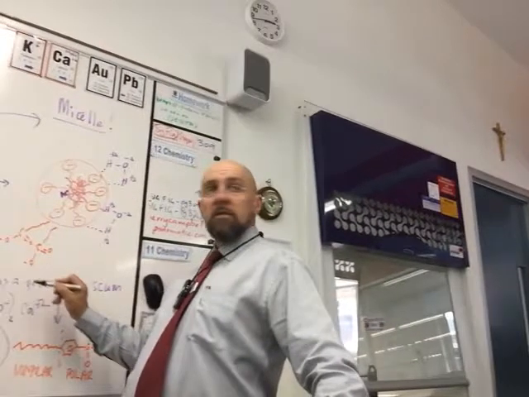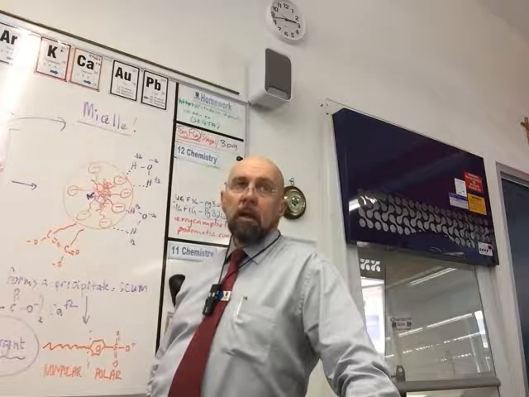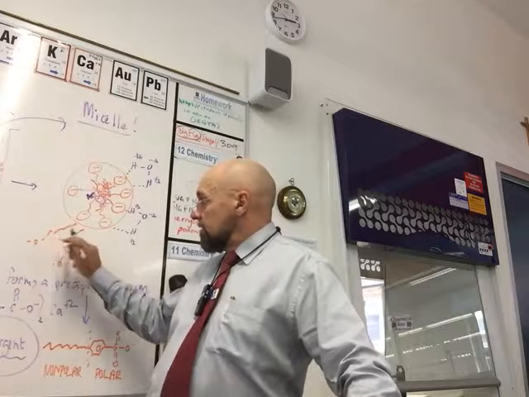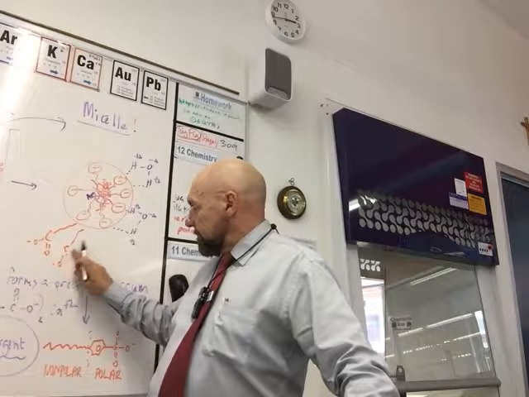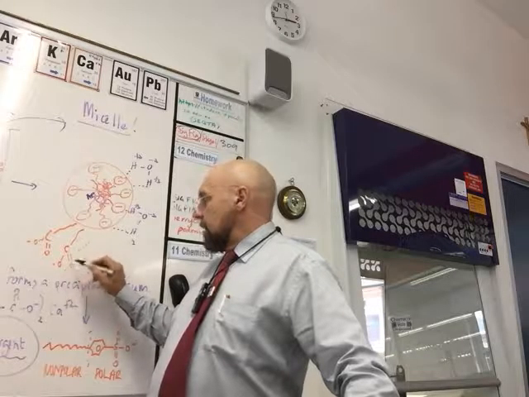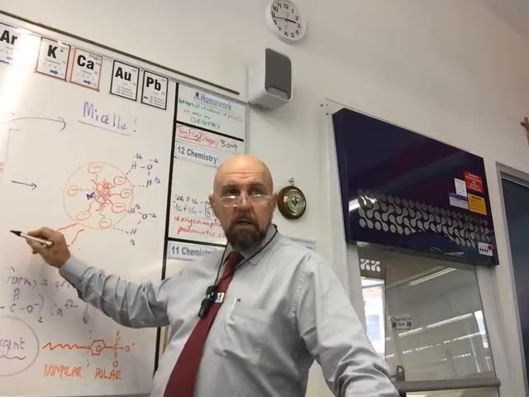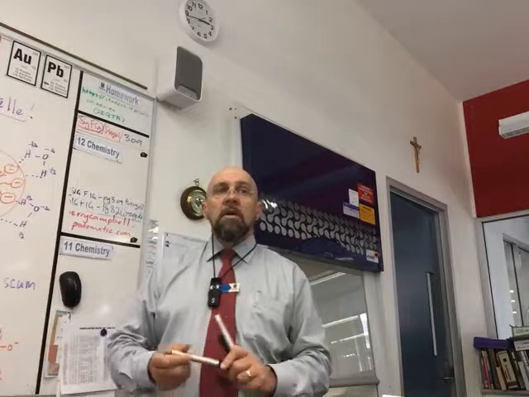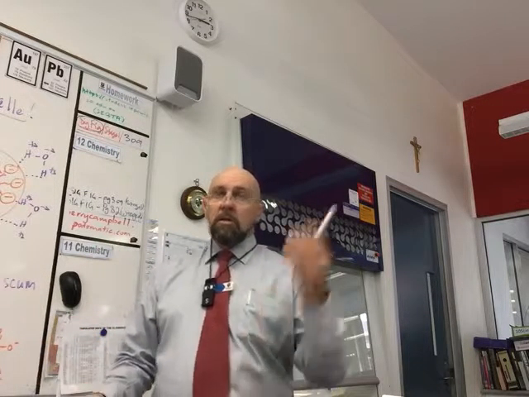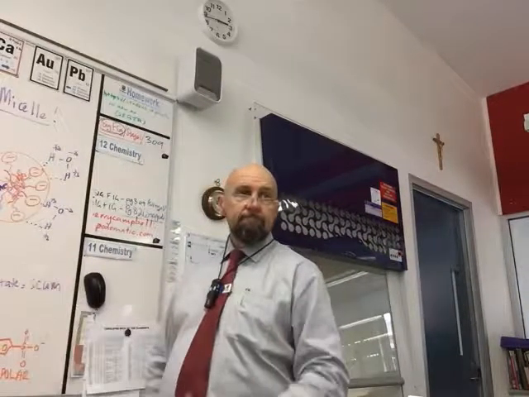And these negatives are not going to be directly alongside of one another. Unlikely. And even if I bent this down, because that has to be a trigonal planar shape, then it's actually going to be an oxygen, and then a negative, and then an oxygen, then another negative in between. So it's not as if you've got a negative right next to a negative. It's not enough to repel and break them up. But that's good thinking. All right, any other questions in relation to that?